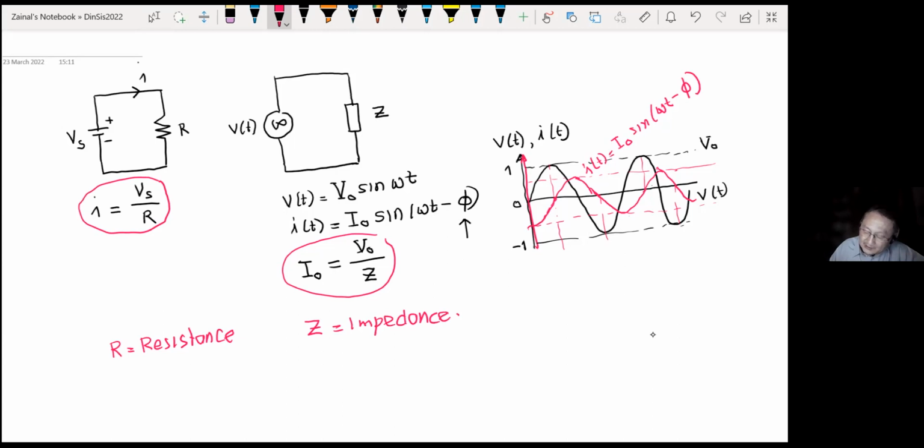And impedance is valid for AC as well as DC. So we prefer to use impedance rather than resistance. Okay, any question before I continue?